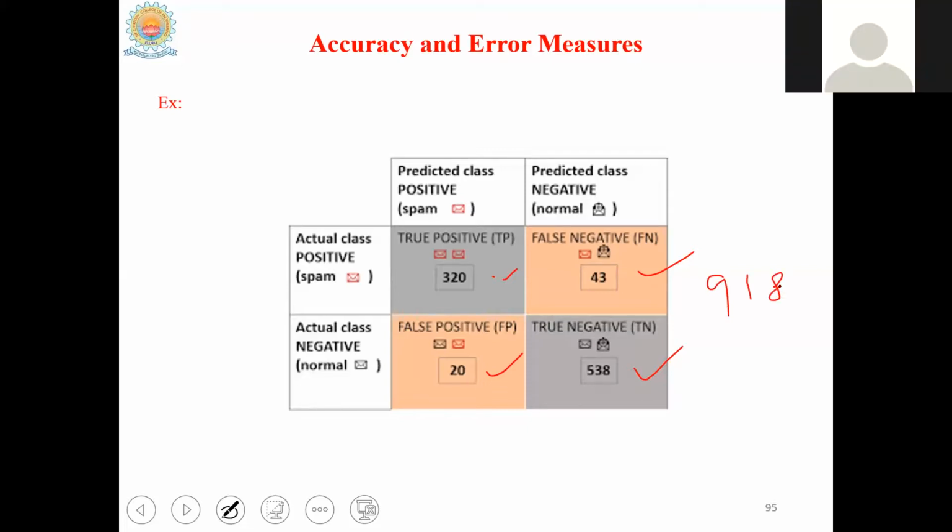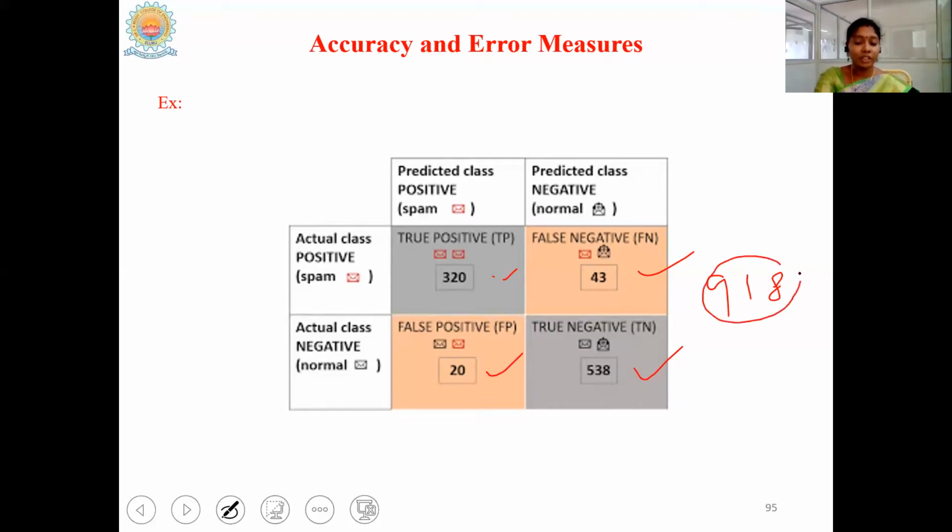Total is 320 plus 43 plus 20 plus 538. So from the confusion matrix, we have projected the result of the classification. To know more details, first we need to know that if you add each of the values, that figure should be equal to the total number of data elements.